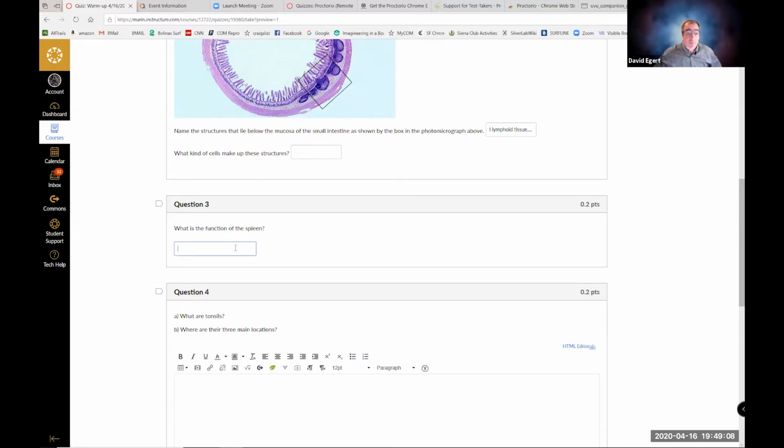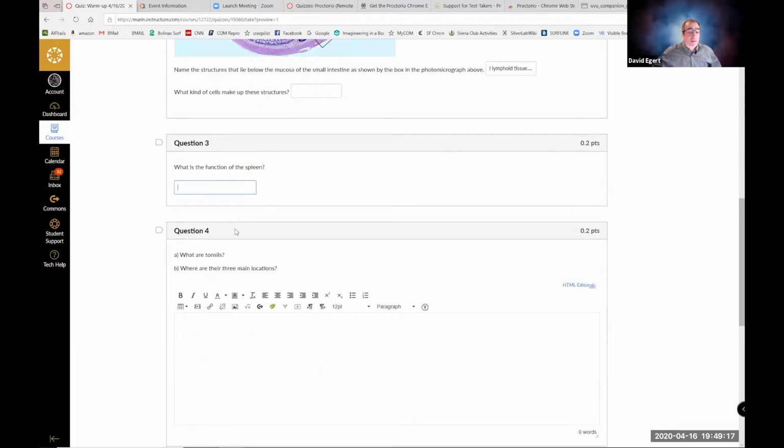That's a major job it does, but it does other things too. So it's filtering blood, and it can do other things. I mentioned it can be a reservoir to push blood back into circulation if you're hemorrhaging. I wrote that it destroys bloodborne antigens and destroys old red blood cells. I think I gave you full credit for that. Okay.